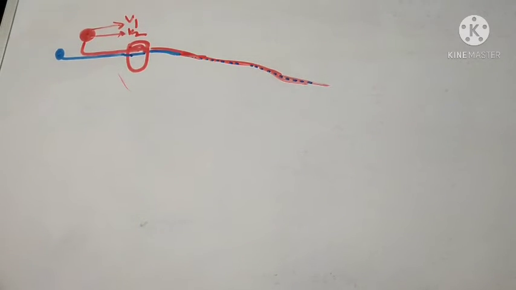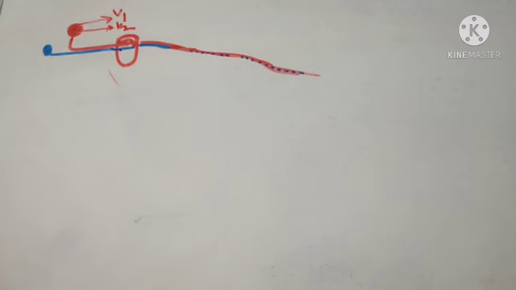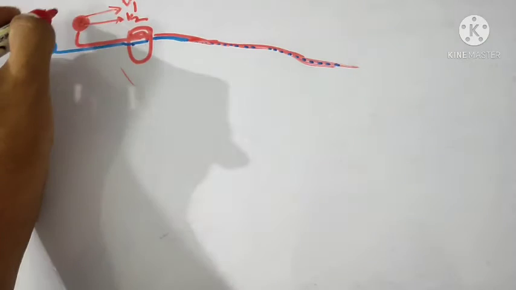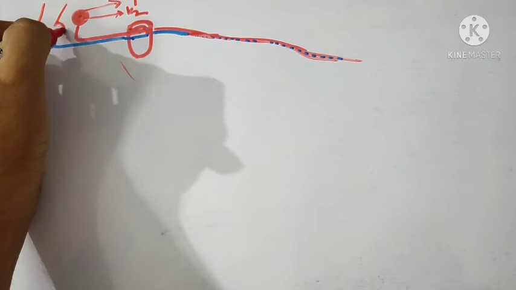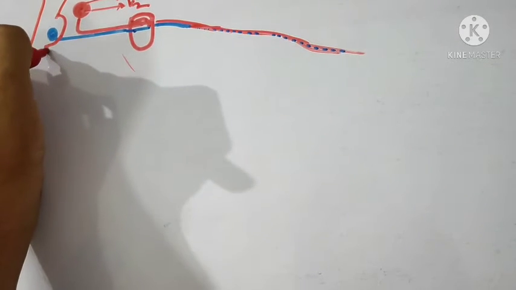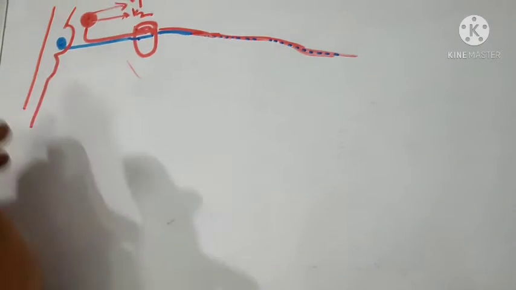In the upper pontine area there is a motor nucleus, and they relay sensory fibers.